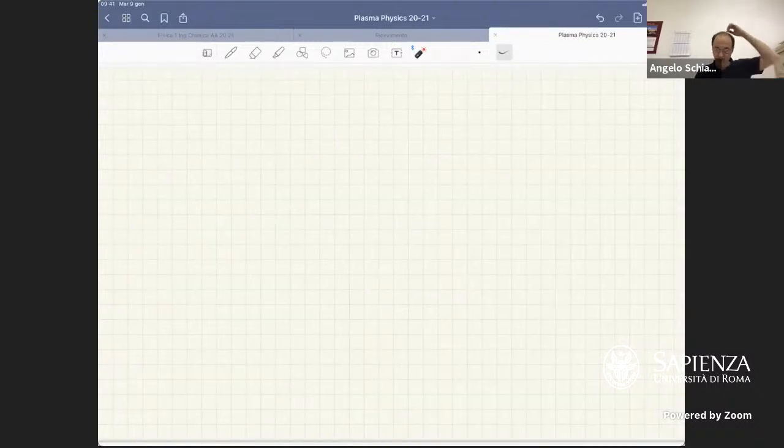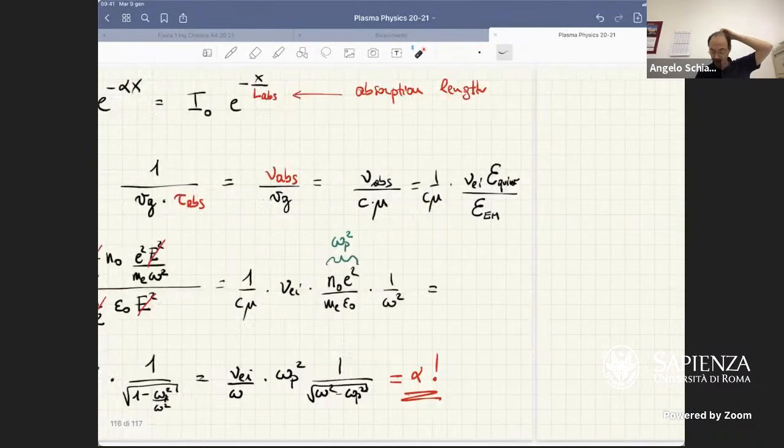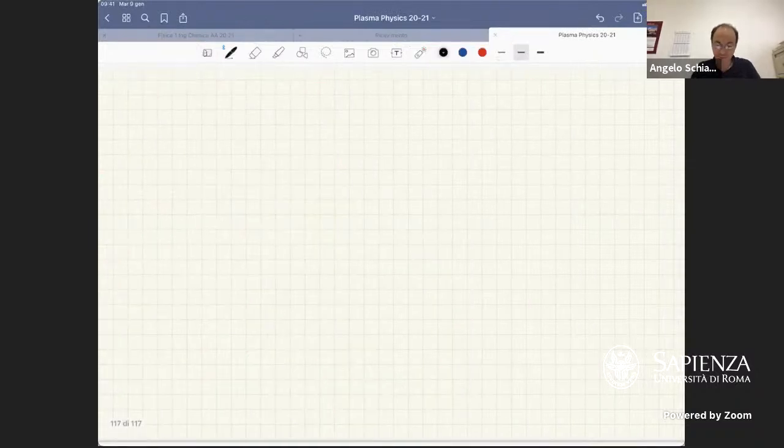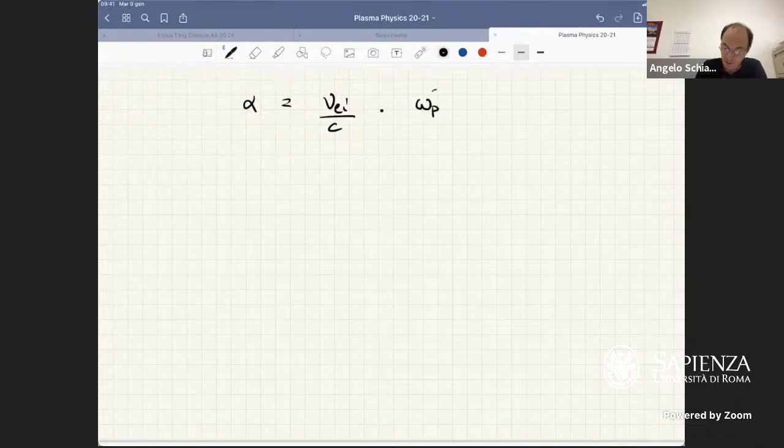What is the scaling law for alpha? So now we have this formula here, and we can rewrite alpha as, so we have mu_ei divided by c. Then we have a ratio of two frequencies, the plasma frequency squared divided by omega squared of the laser.